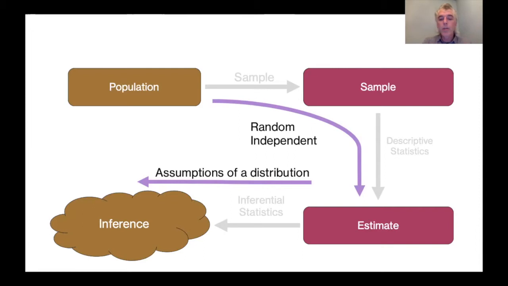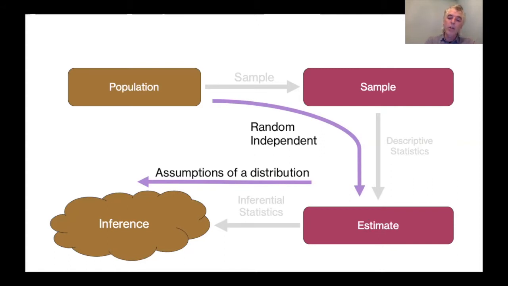In addition, we need to make sure that each observation in our sample is independent. That is, that the inclusion of one observation within our sample doesn't make any other entity more or less likely to also be included in the sample. And so these aspects of randomness and independence in our sampling are important for getting unbiased estimates of our population parameters.